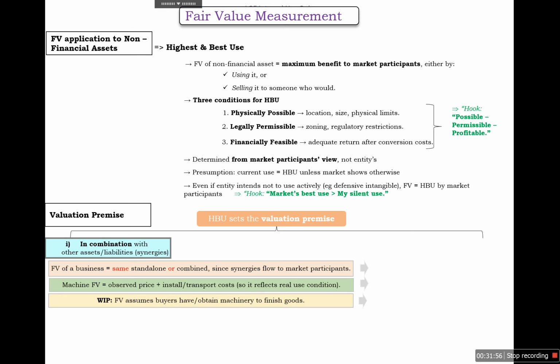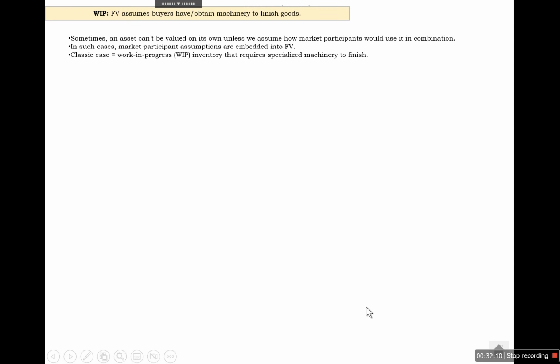Next is about WIP. WIP is unfinished goods. So fair value assumes that the buyer has to obtain the machine or convert this work in progress to finished goods so that it can be sold in the market. So we need to add the additional costs to convert the WIP to finished goods.